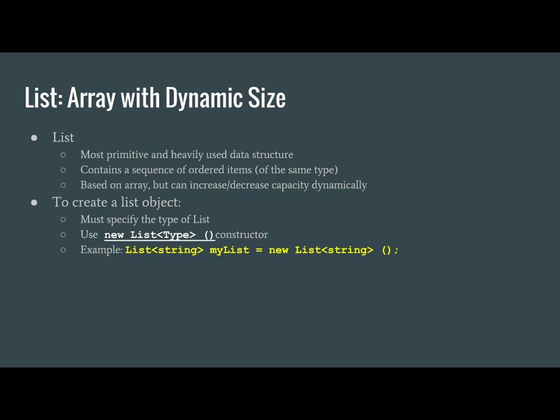For example, we declare a list, and the items in the list are strings, and we give an identifier, which is myList, and we assign a list object to this identifier by using this constructor, new List<string>.